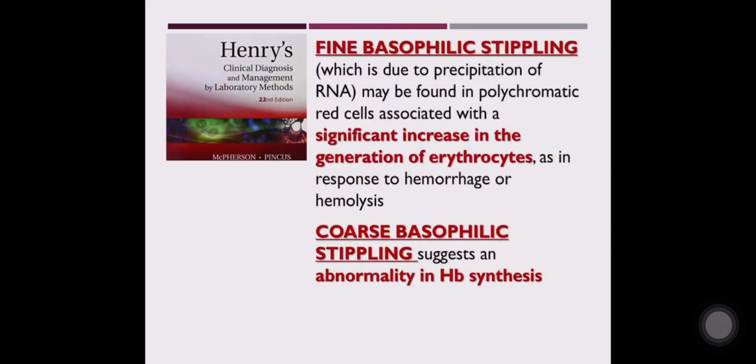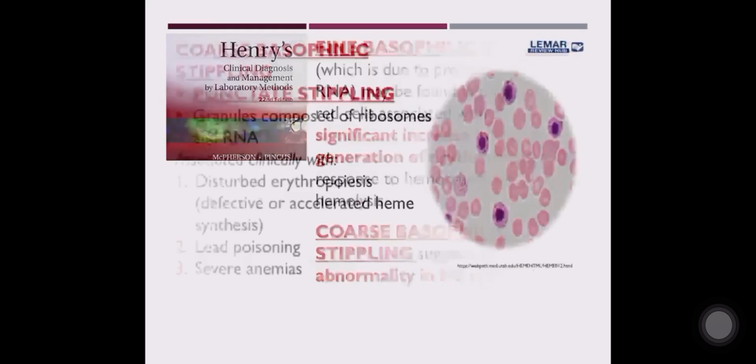According to Henry, fine basophilic stippling may be found in polychromatophilic RBC, reticulum kumbaga sa red cell, associated with increased RBC production seen in blood loss or in hemolysis. Coarse basophilic stippling suggests anomaly in hemoglobin synthesis.